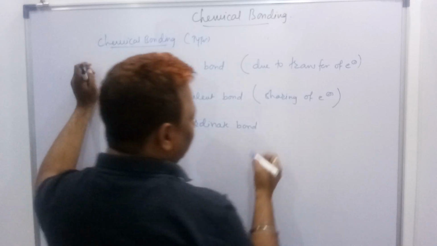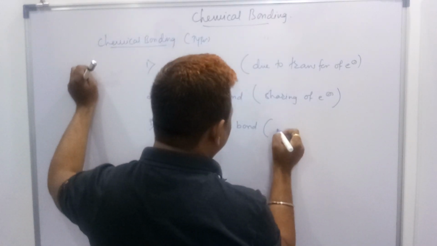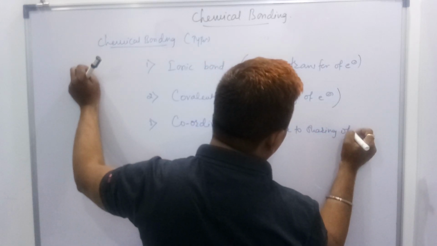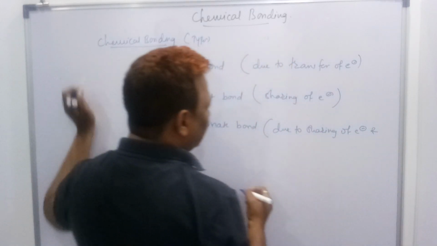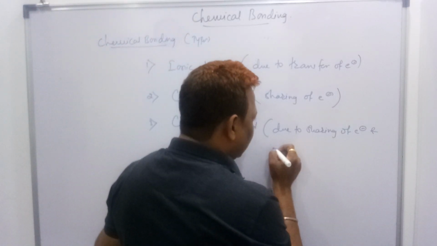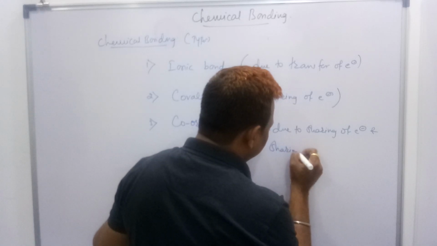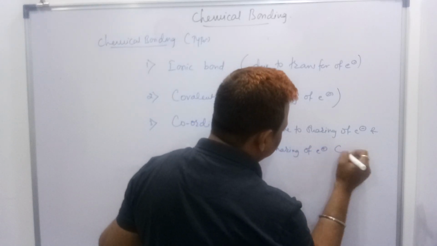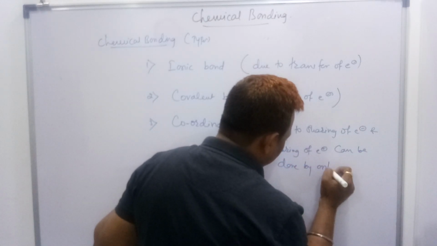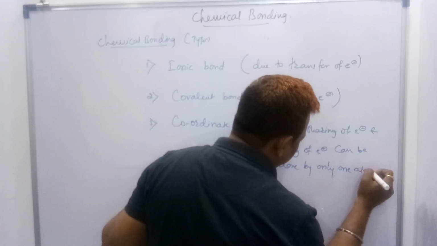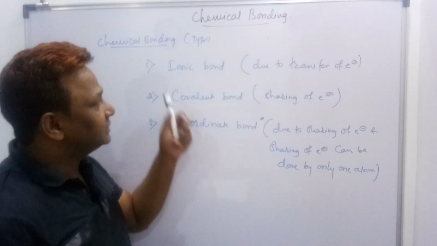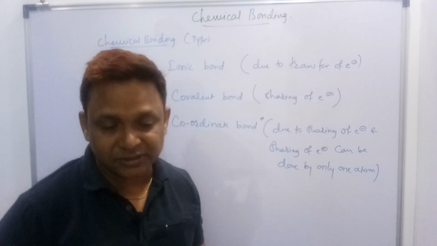And the third one, coordinate bond, is a bond which is formed due to sharing of electrons, and that sharing of electrons can be done by only one atom. Means one is donor, another one is acceptor. We'll check examples of all these. So these are the types of chemical bonding that we have to check here.